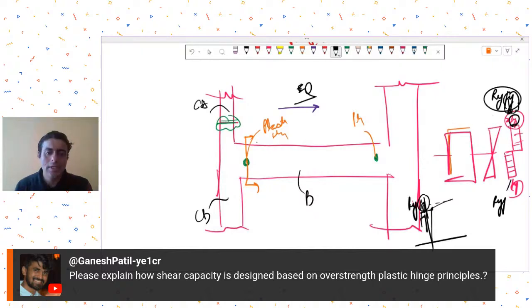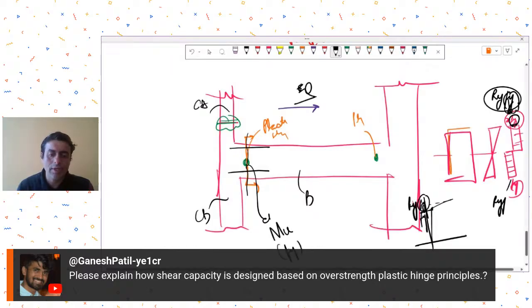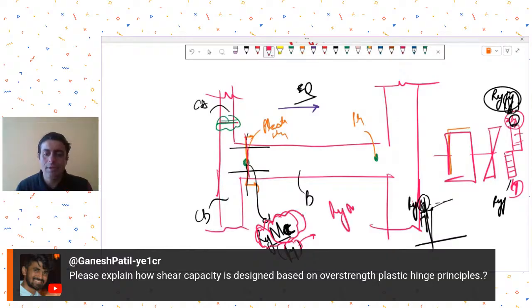That means you are expecting a moment capacity offered by this cross section to be some, let's say, Mc, based on material property Fy, corresponding to a stress level of Fy in the material, but in fact because of the overstrength, the section develops Ry times Mc. So this is called the overstrength effect.